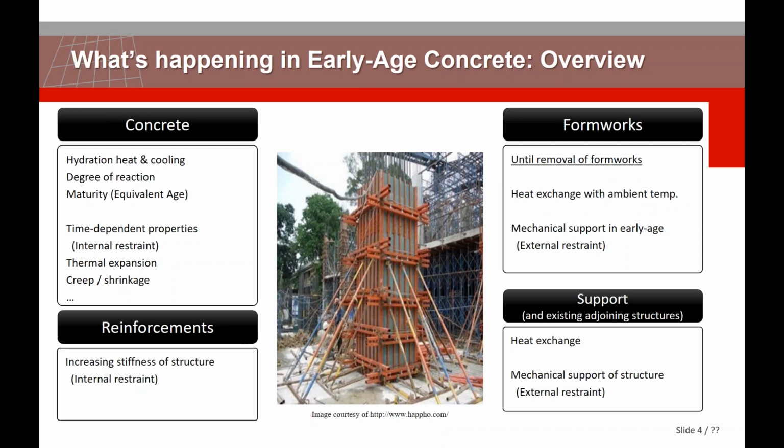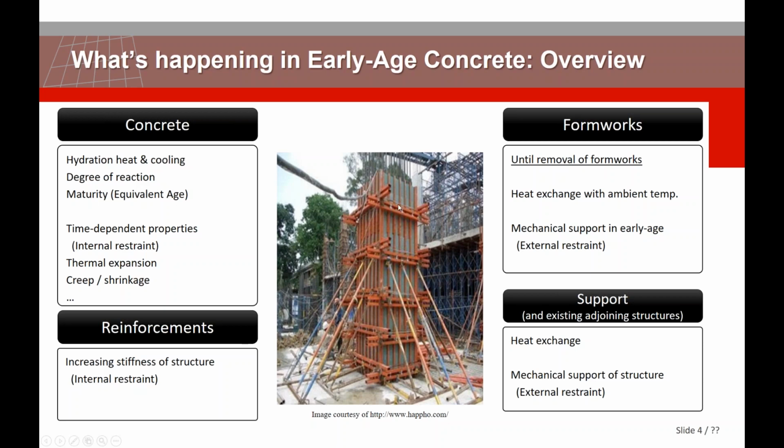And the reinforcement, in terms of heat, doesn't do anything, but because it bonds with the concrete and increases the stiffness of the structure, it works as internal restraint. And we have formwork. You have, let's say, between 3 to 7 days, depending on your construction schedule, before removal of the formwork, and before this removal, heat exchange will be done via this formwork.